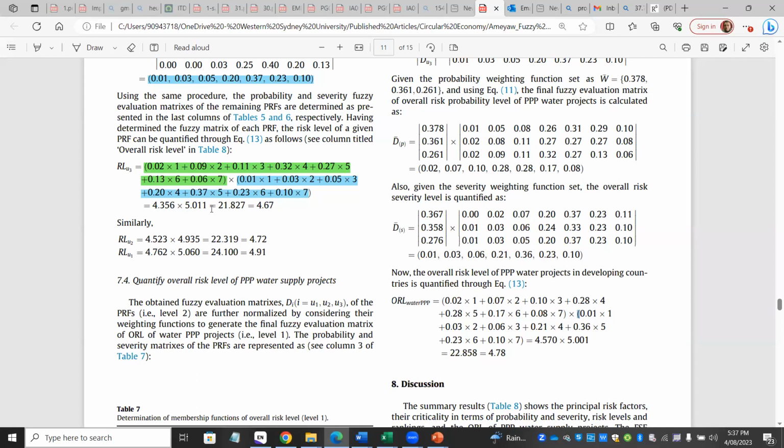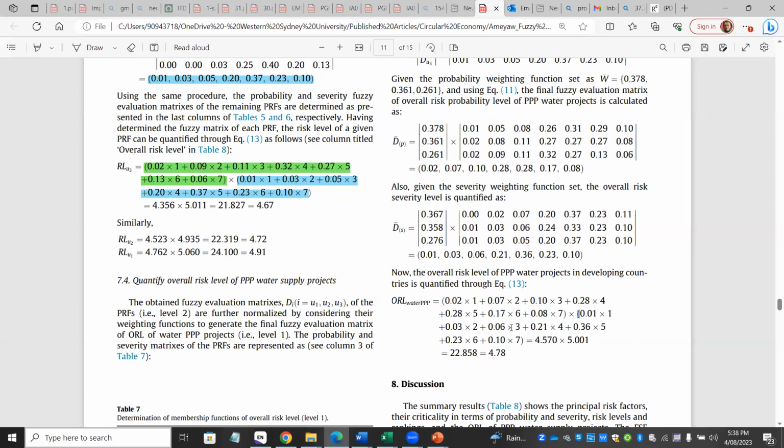And as you can see from the three groups, group 1 can be rated as the one that has the highest because it ended up scoring 4.91. Group 2 comes second, and group 3 was the last, 4.67.